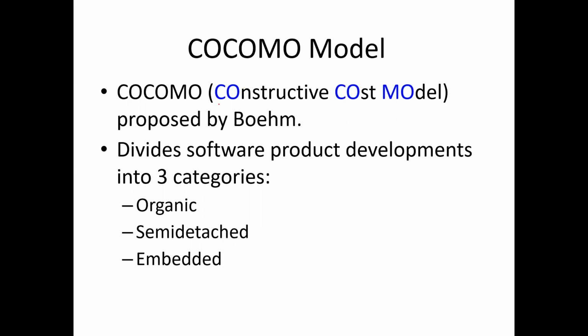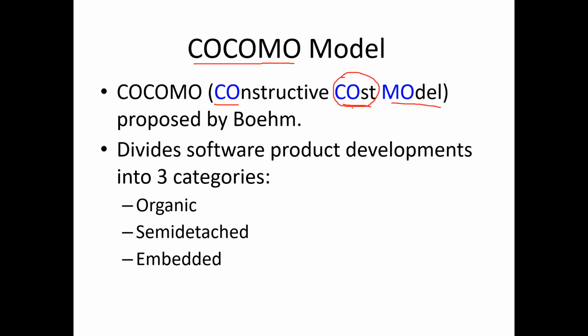Now see, COCOMO stands for constructive cost model. So here you see, cost is the main thing to understand. That means first you have to analyze that particular product, and from that you need to understand how much money I spent.